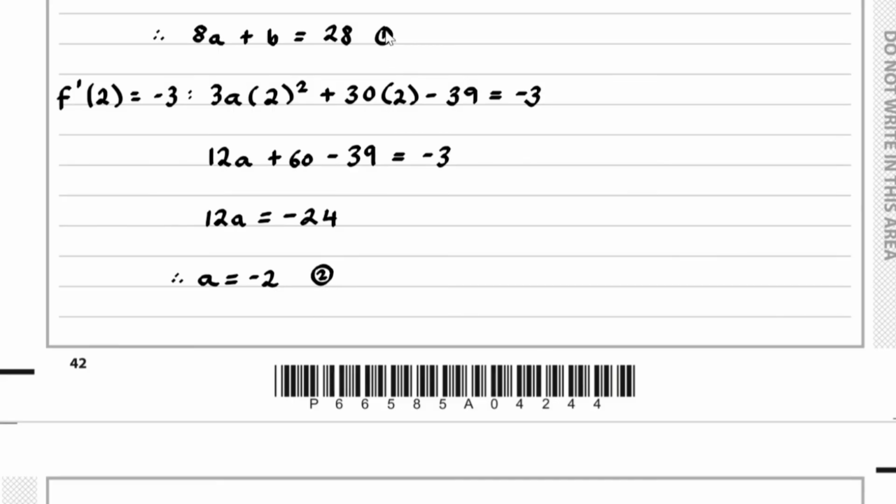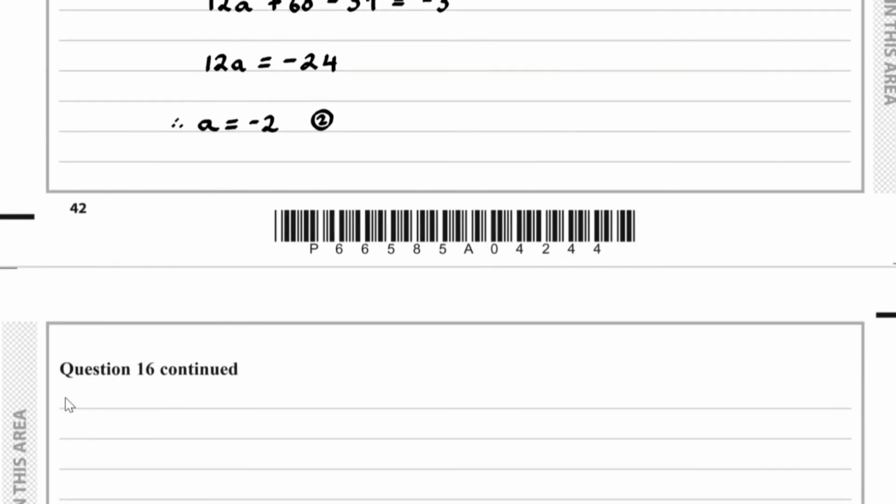If we now substitute 2 into 1, we've got 8a, so we've got 8 lots of minus 2 plus b.